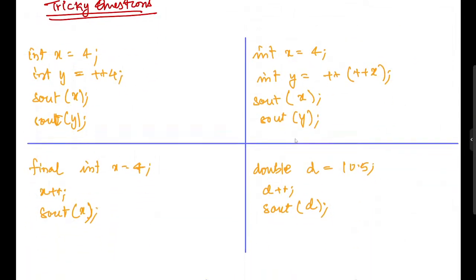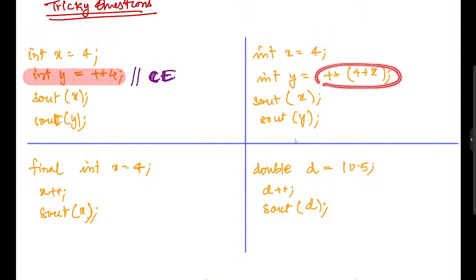Now there are some very tricky questions regarding increment, post-increment, and pre-increment, right? So this is illegal in Java. You will get a compilation error here. This is wrong, you basically should not do this. This particular problem actually looks nice, but what is happening is ++x is giving you 5, and then again you will do ++ on 5.